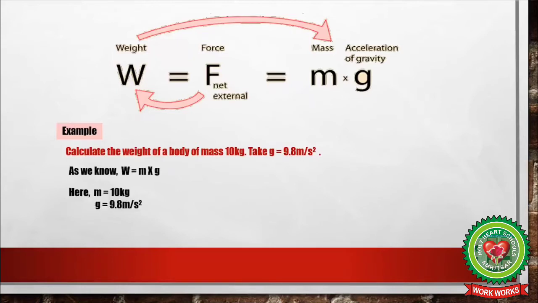Here m is equal to 10 kg and g is equal to 9.8 meter per second square. Therefore, w is equal to 10 into 9.8, which is equal to 98 Newton. As weight is also a force, the SI unit of weight is also Newton. So the weight of this object is 98 Newton.